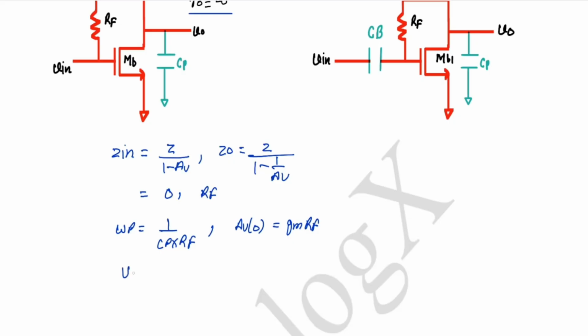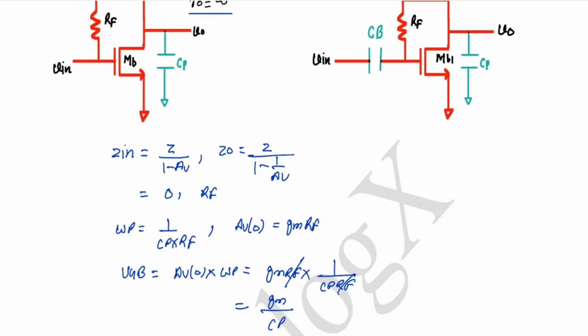And what will be the UGB? UGB will be gain into dominant pole location. So that is GM RF into 1 by Cp RF. So RF will cancel out and that will come as GM by Cp. You can solve this and verify.